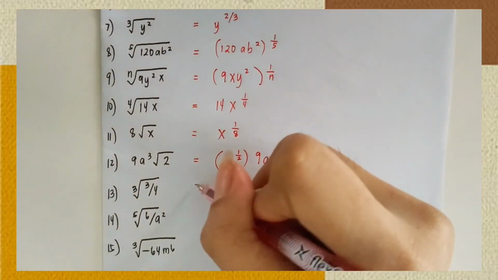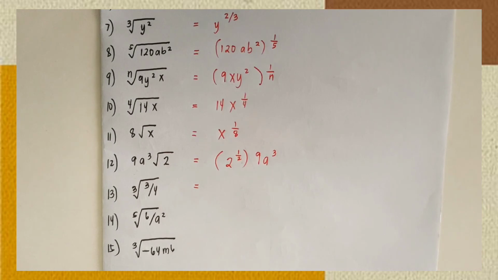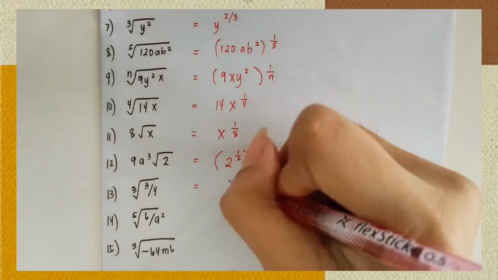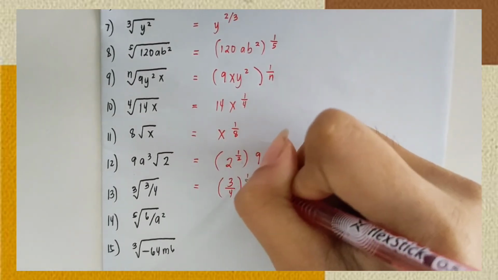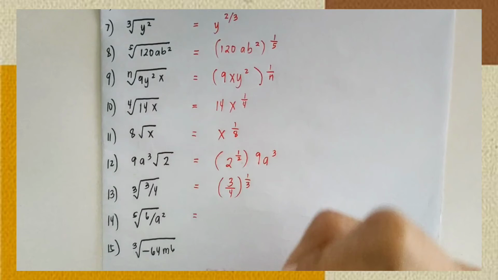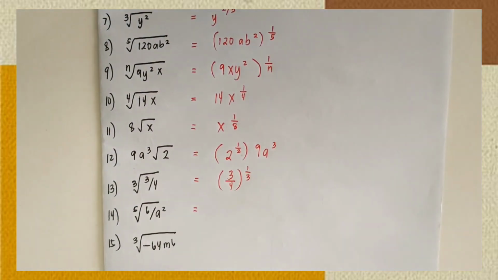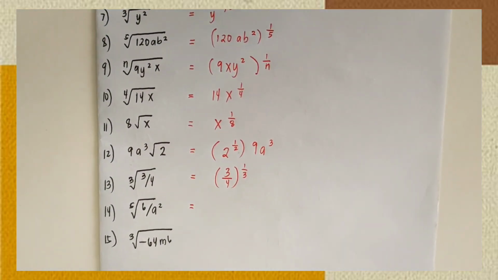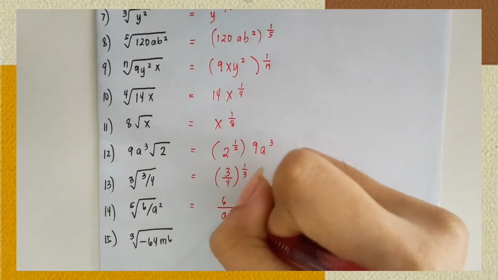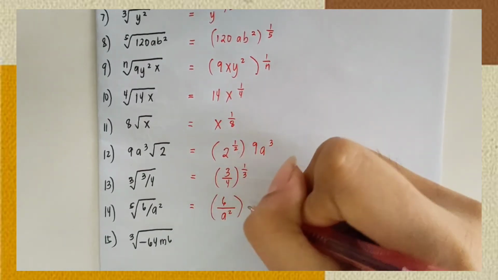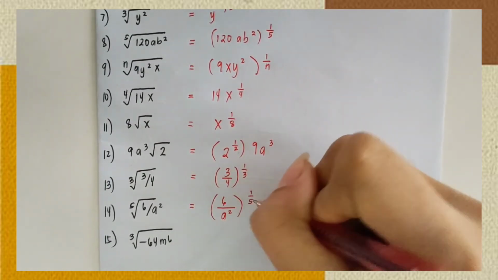Number 13, what is the answer? 3/4 raised to 1/3. Number 14. What is the answer? We have 6 all over a squared raised to 1/5.